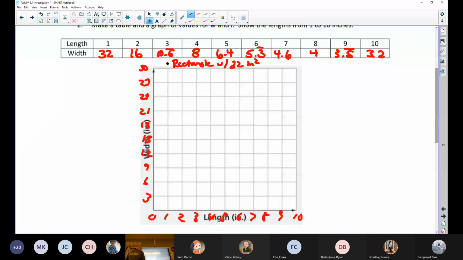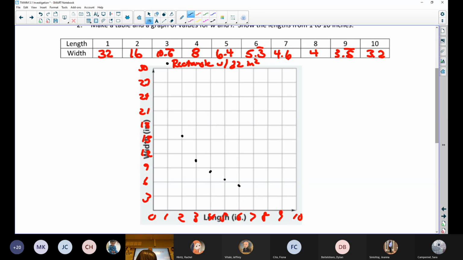At 2 is 16. At 3 is 10.6. This is going to be a fun one to graph. Well, 10.5 is halfway between 9 and 12, so somewhere there. Hard to graph 10.6. And then 8, and then 6.4, and then 5.3.